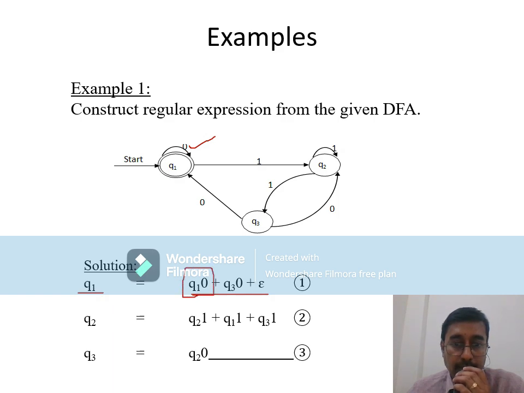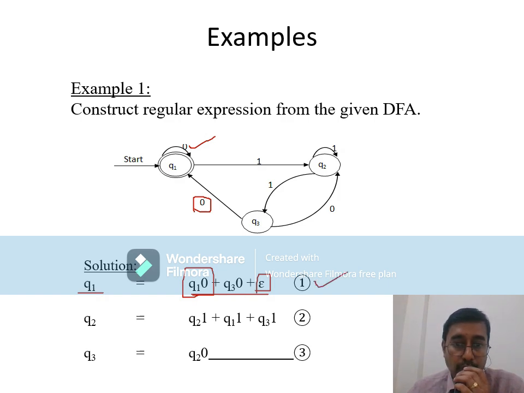Then plus, from q3 the input 0 is going to q1, so q3 0. Since q1 is my starting state, by default we have to write the epsilon symbol. Whichever is my starting state, I mention epsilon only for that state. So this will be my equation 1.